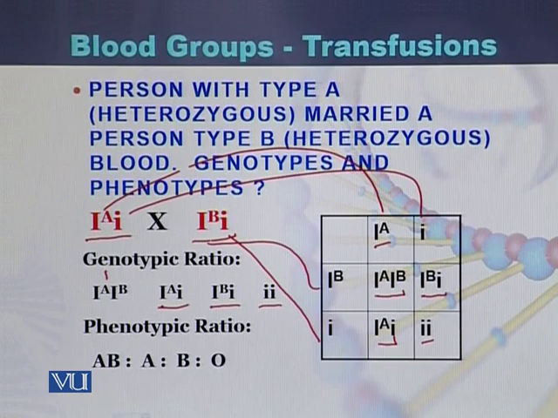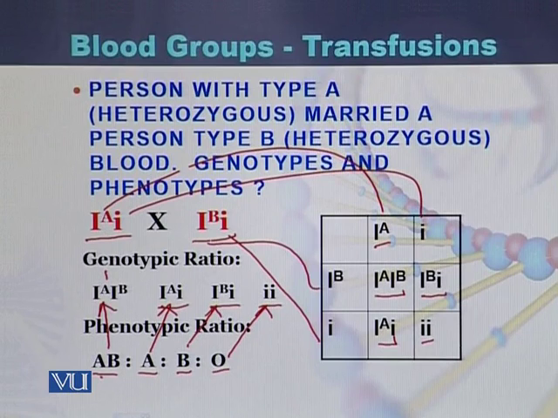Based on the phenotypic ratio, this is the AB blood group, this is the A blood group, this is the B blood group, and this is the O blood group.